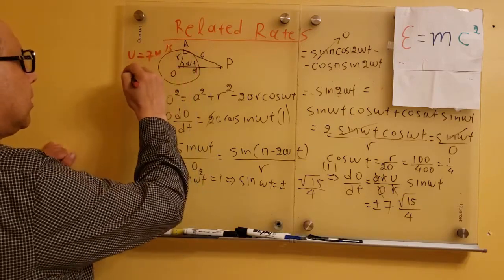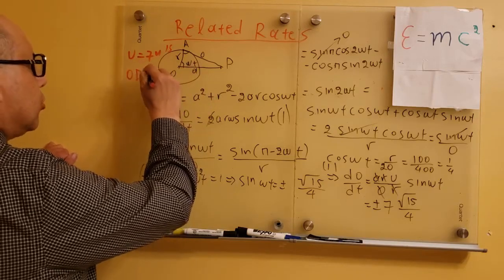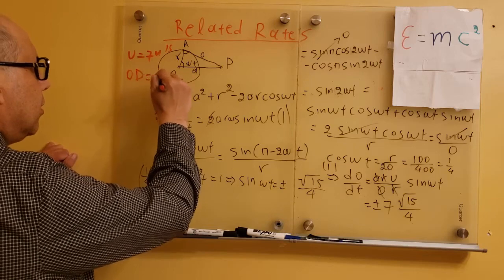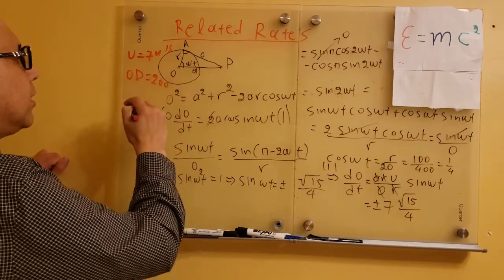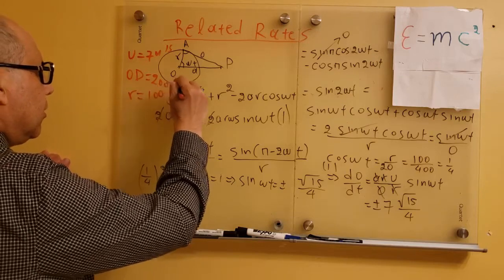We know that the distance OD is 200, and we know that the radius is 100 meters.